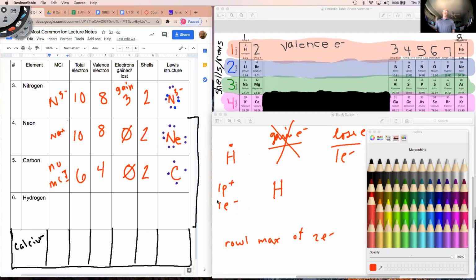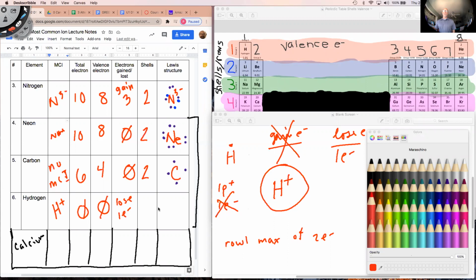And if we lose that electron, then it's going to be sitting as H+. So you're just going to have to learn that hydrogen is always going to be an H+ ion. Okay, so the MCI is going to be H+. The total electrons is actually going to be 0 because there are no electrons. The valence electrons, there are no valence electrons. What's going to happen? It's going to lose 1 electron.